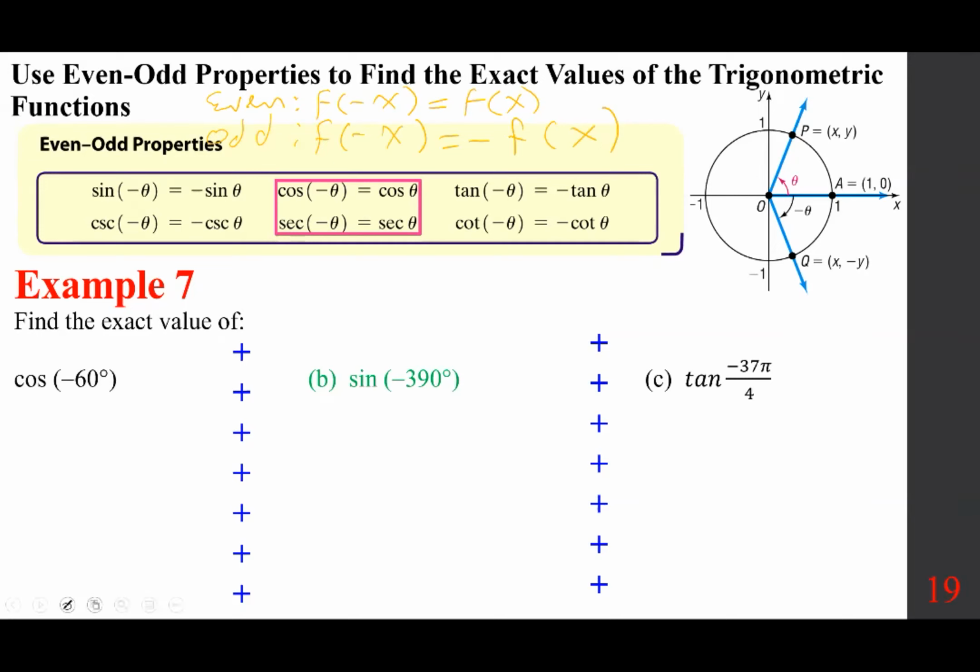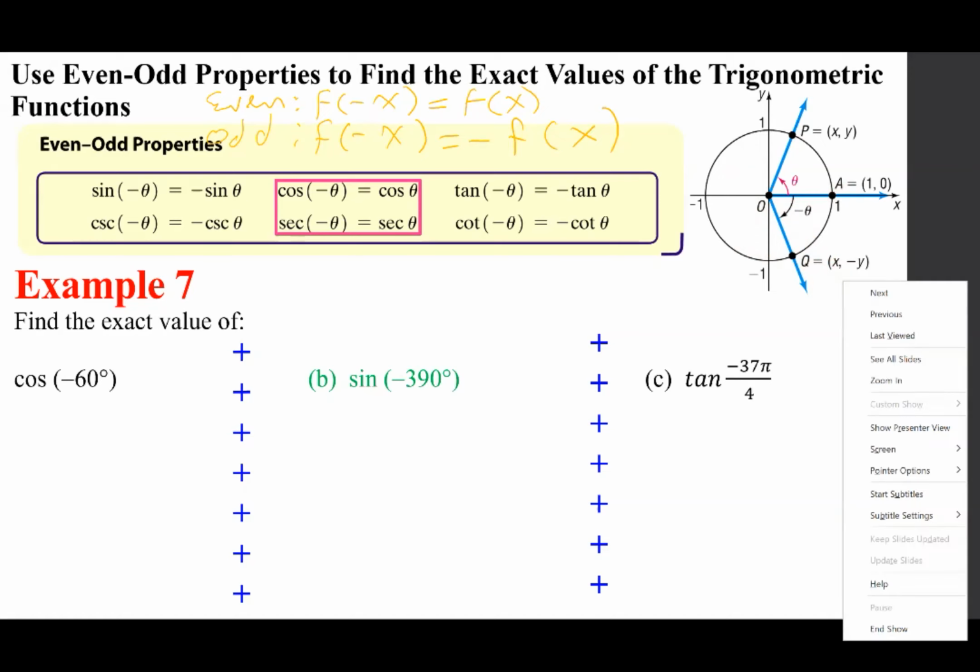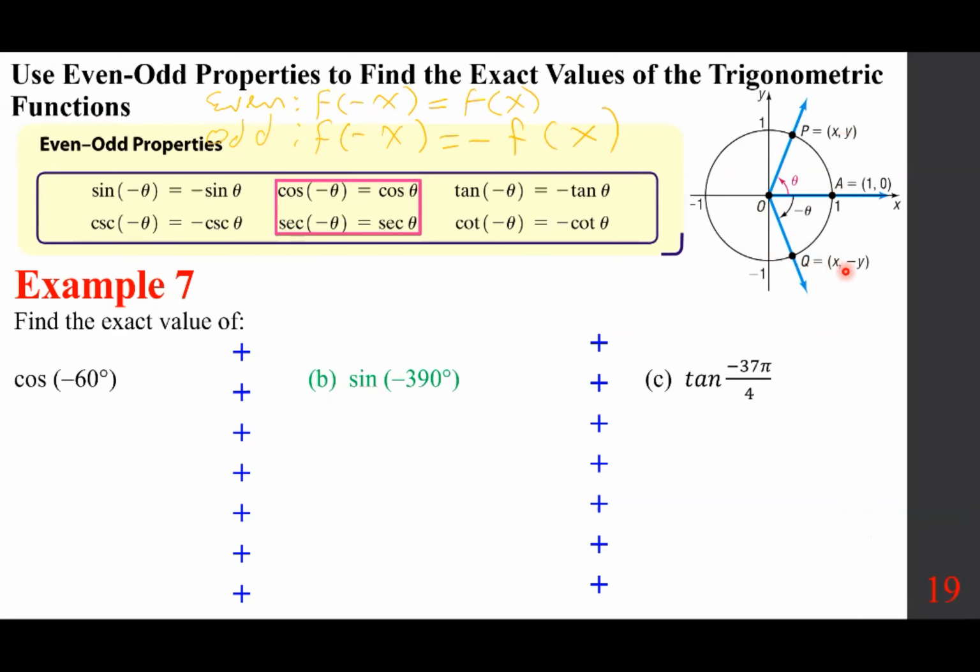So when we know this definition, point x, y and point x, minus y, when we have theta versus negative theta, the x value remains the same, and x corresponds to cosine. Therefore, cosine doesn't change.